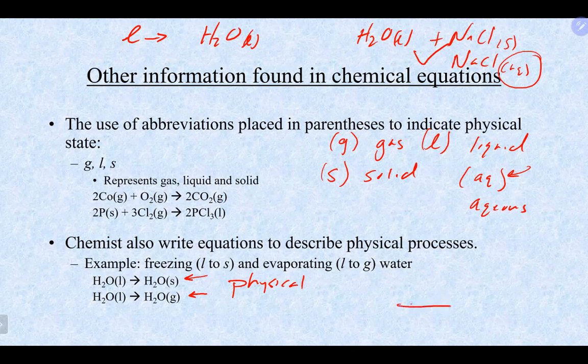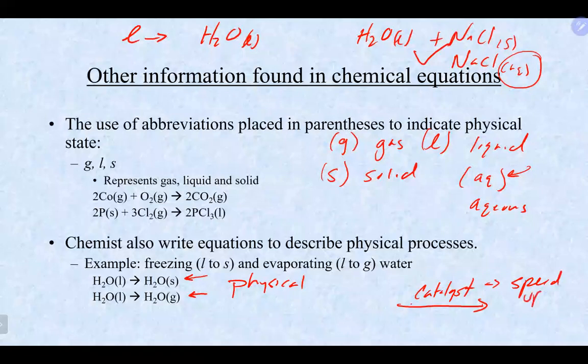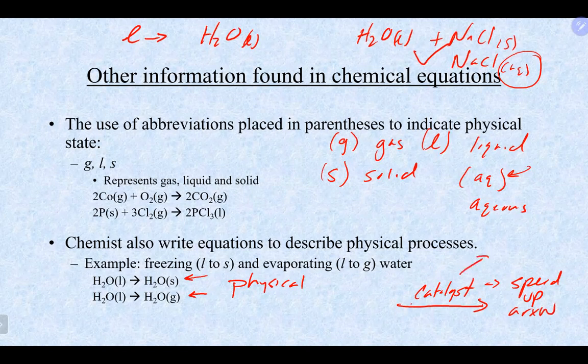On top of the arrow, sometimes you will see catalysts. Catalysts are things that speed up a reaction. A catalyst is not a product. It does not get used up in the reaction.